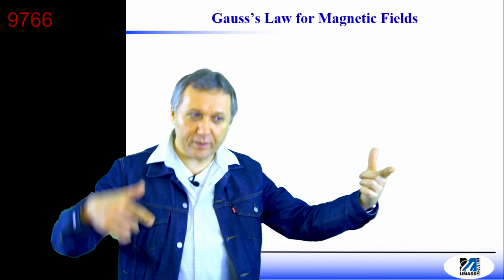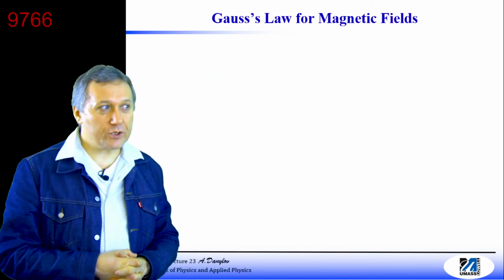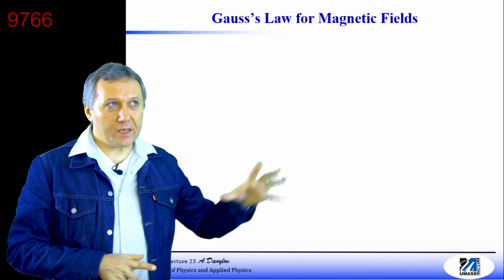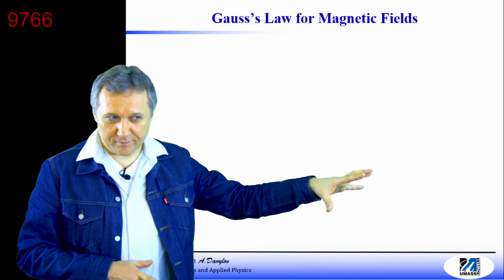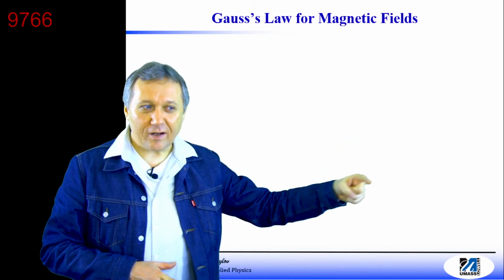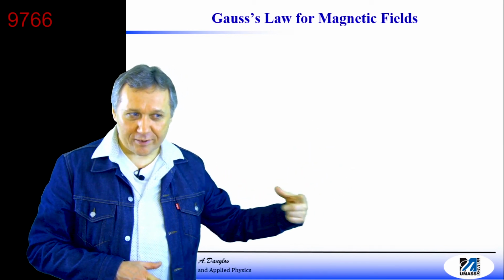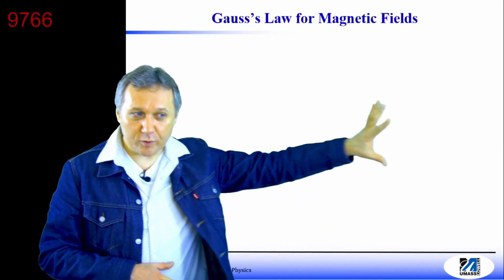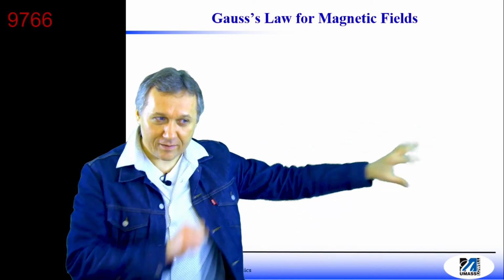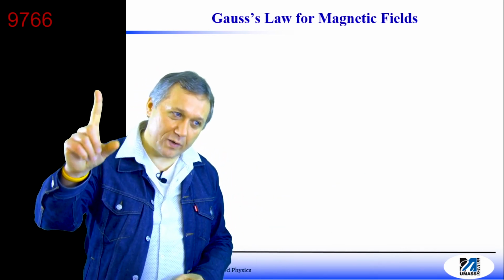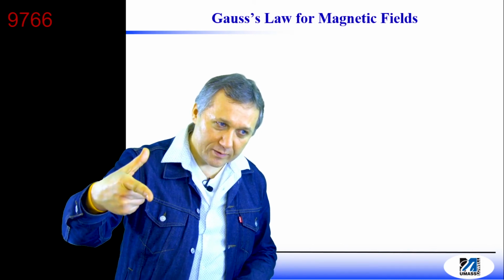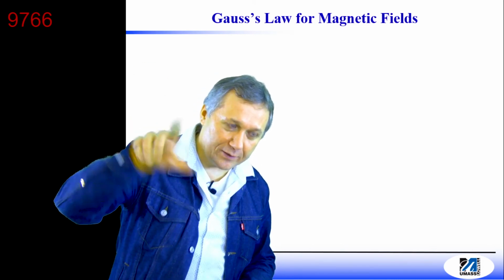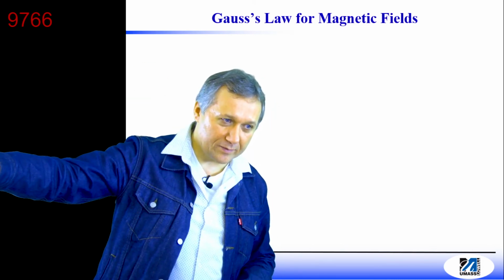In Faraday's law, it allows us to find the electric field, so it's a law where we have integration over a loop in the world of electricity. Then in Ampere-Maxwell's law, we have integration over a closed loop to find the magnetic field, so it's basically in the world of magnetism.